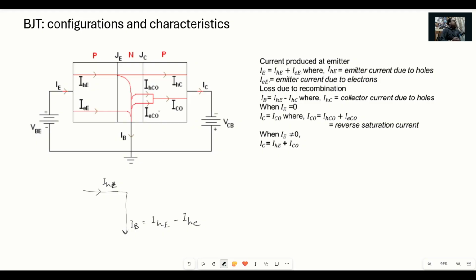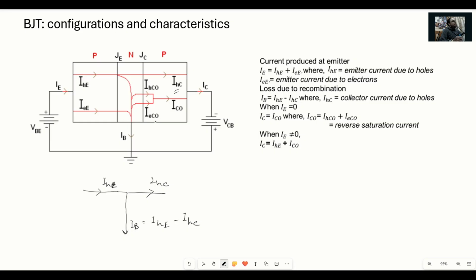Whatever is remaining will go to the collector, which is given by IHC. Okay, so these are the current components.